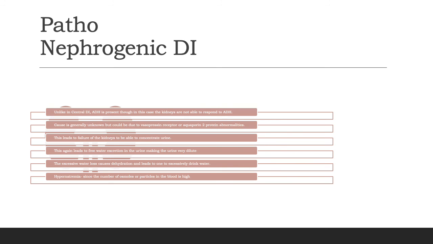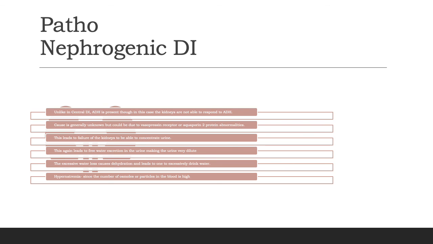There isn't an exact cause, as I said earlier with the different causes for it, but it can more specifically be due to aquaporin or vasopressin receptor abnormalities. It's really hard to see this slide.